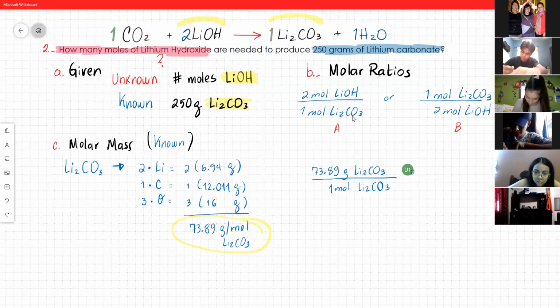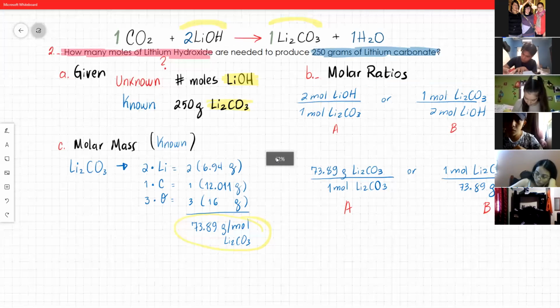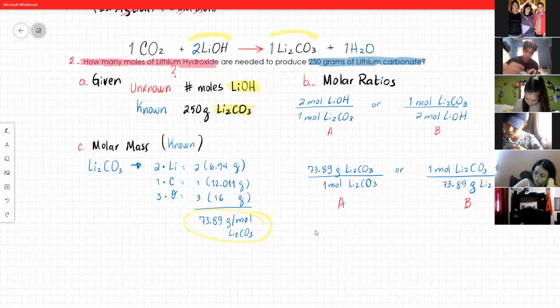Or I can write it the other way: 1 mole of liquid, and this mole has a mass of 73.89 grams of the same substance. So again, I call them A or B, but this is only for class purposes. In your procedure, you're going to use the one that you need.